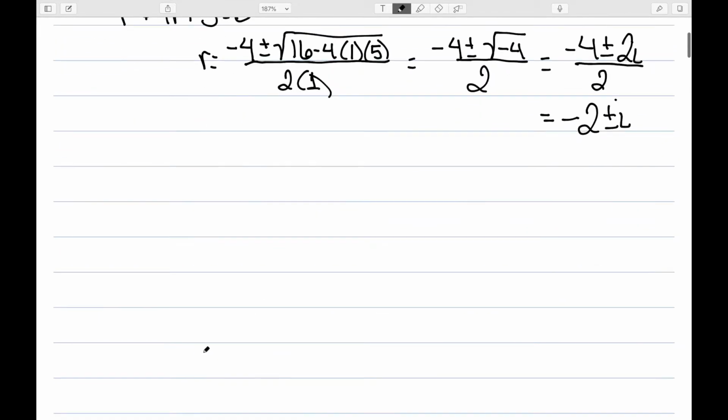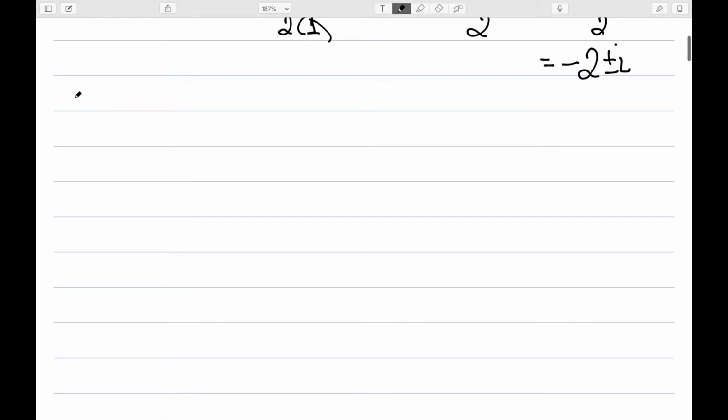Now that I have my eigenvalues, let's look at my eigenvectors. And like I said in the previous video, we're really only concerned with the positive one of these, the one that says plus i, so -2 plus i.